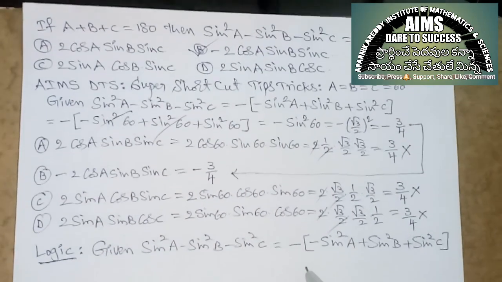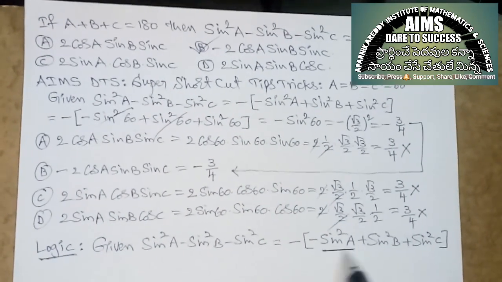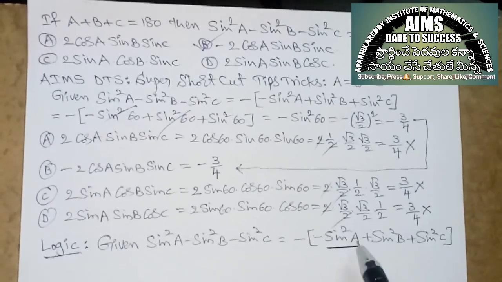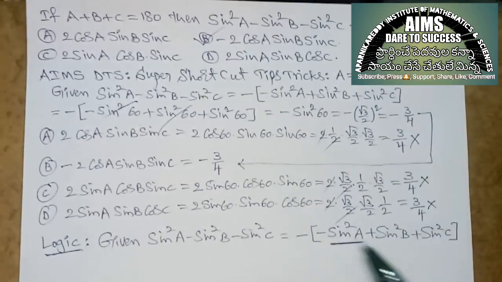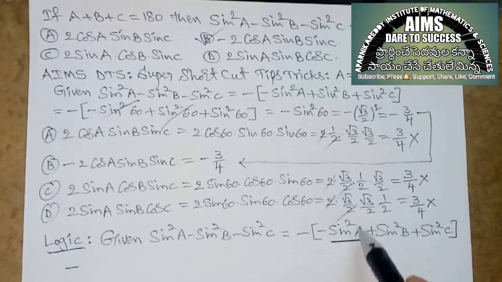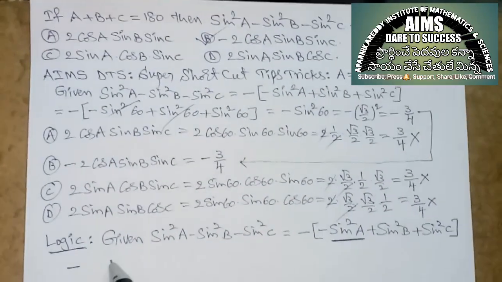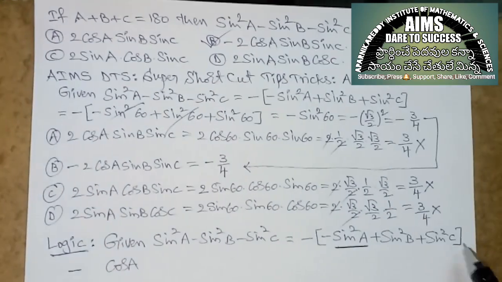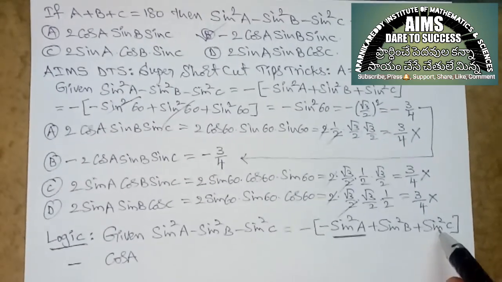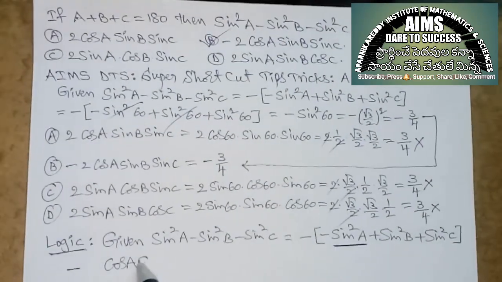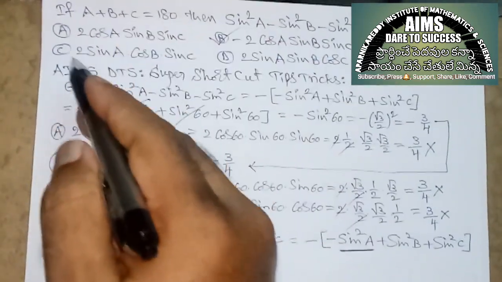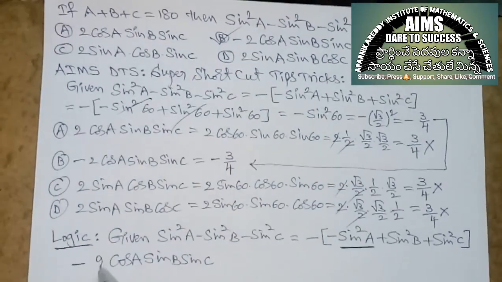After taking minus common, you can verify the negative symbol: it is on A, minus sin square A. According to my logic, you write the outside minus as it is, and in place of A you write cos A. After that, the remaining sin square B and sin square C have positive symbols, so you write sin B sin C, and according to the given four options you have the two common.